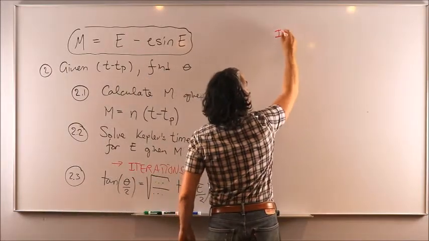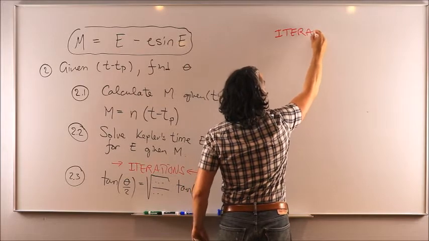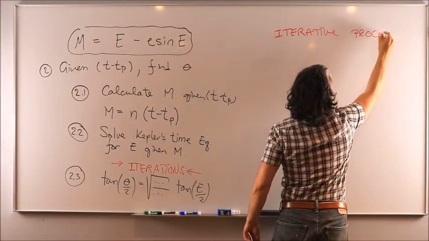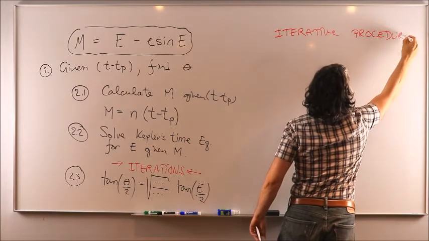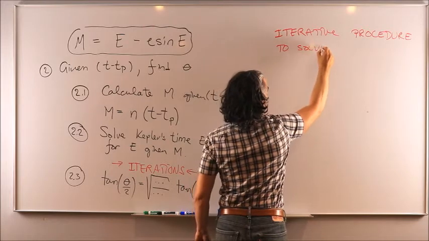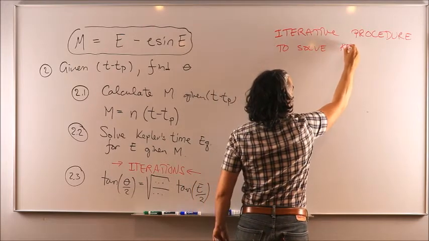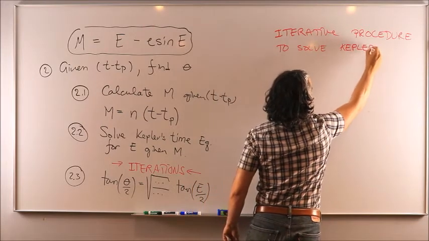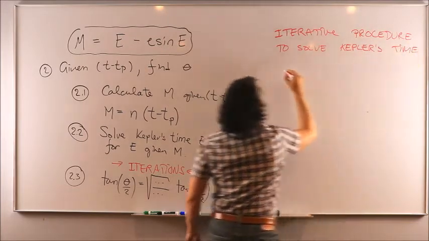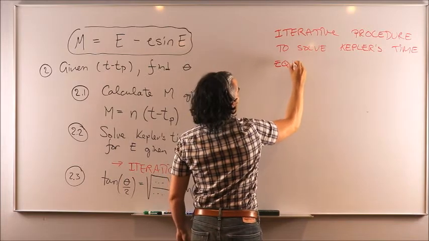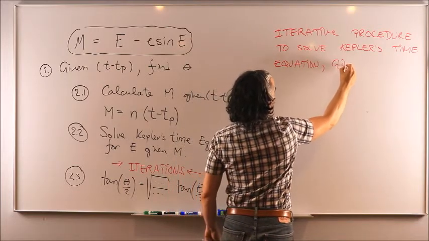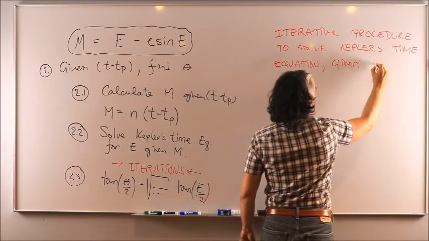So, iterative procedure to solve Kepler's time equation given the mean anomaly.